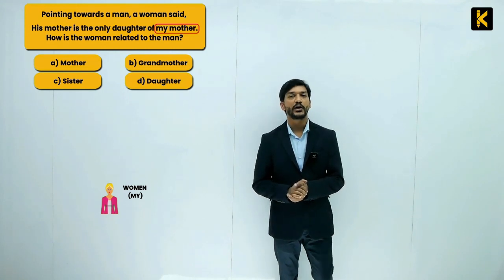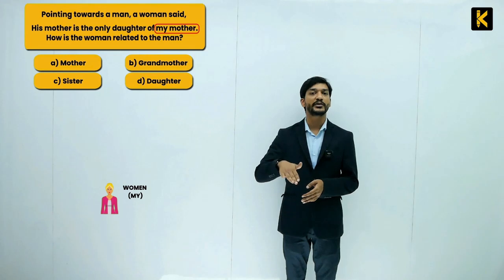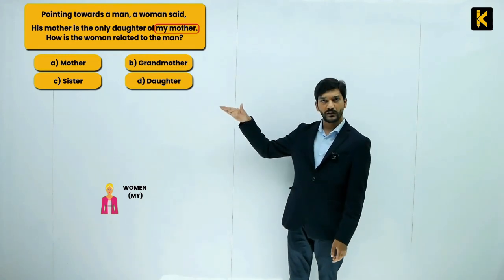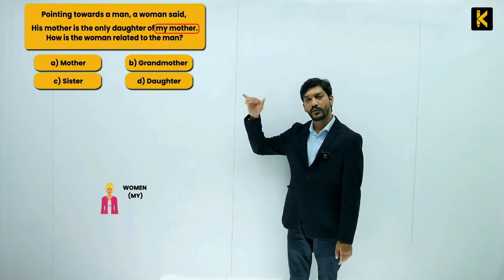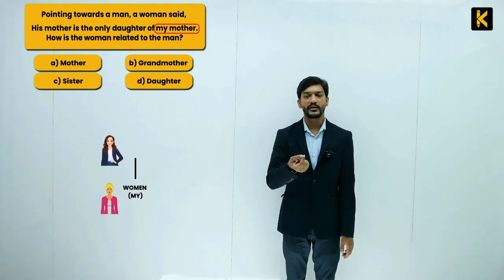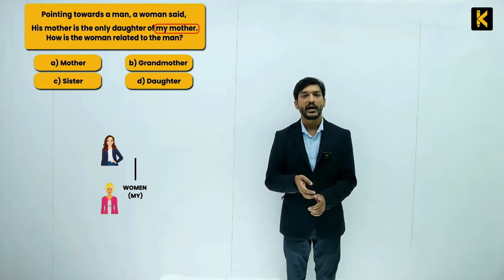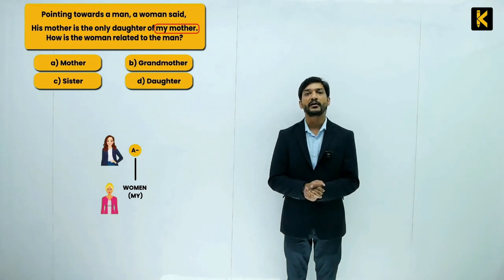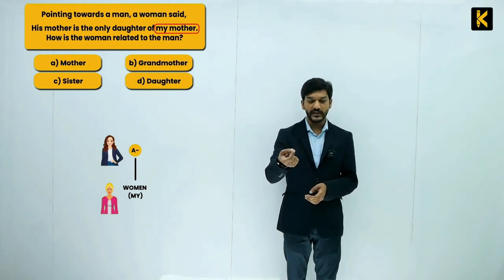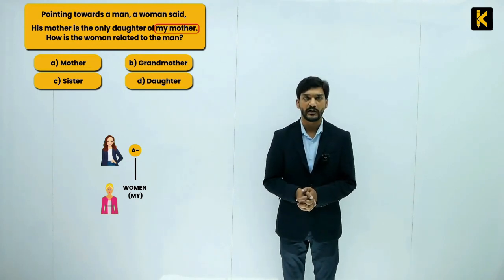And now I have to draw my mother. Mother will be one generation above. So the mother of this woman will be one generation above. So one generation above, let me show a person who is a female. And that female person I am representing by A minus. The letter A I am using to represent the name, and minus means she is a female.